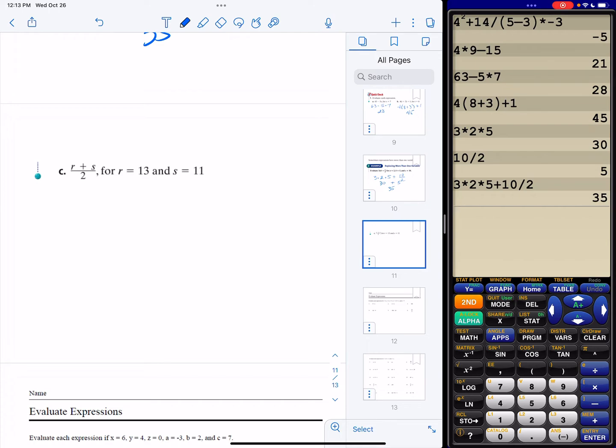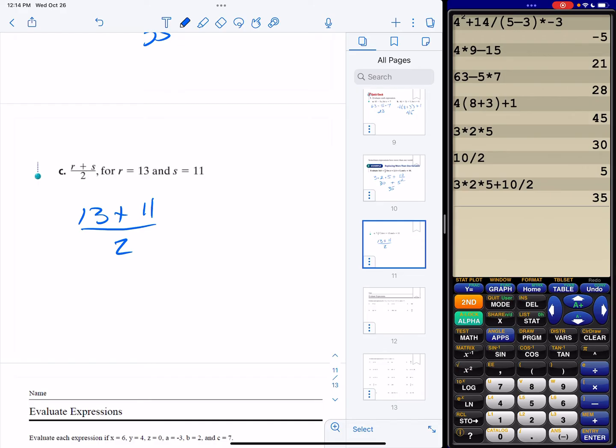So in this one right here, we've got 13 plus 11, and I need that answer divided by 2. Now, if I were to type it in as 13 plus 11, divide that by 2, what's my calculator really going to do first? It's going to do that 11 divided by 2 first, and then it's going to add 13 to it. So that's not the way we type this in.